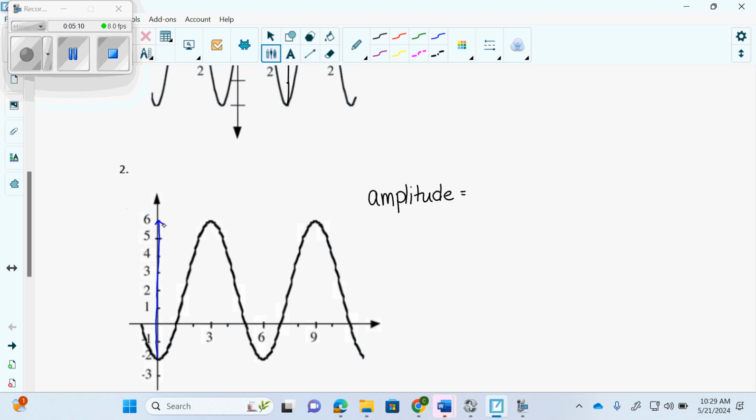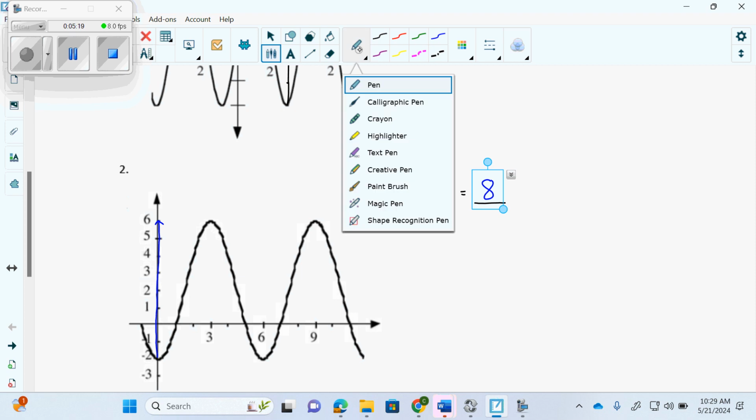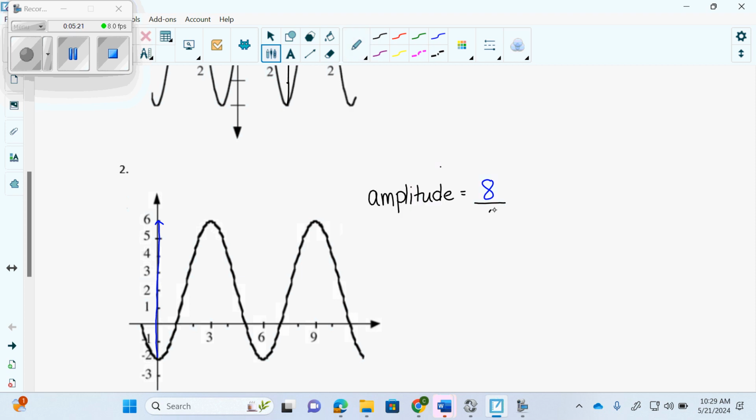We agree? So what's my amplitude? 8 divided by what, guys? 2, because it's half the vertical distance, so it's 4. So we can do it that way, correct? Or we can use our formula.